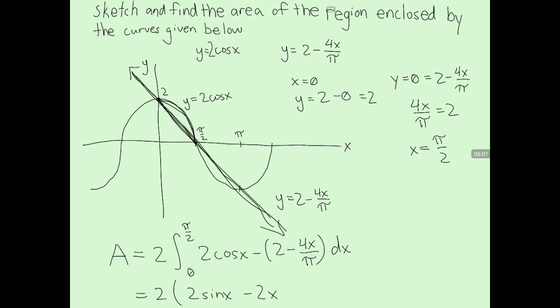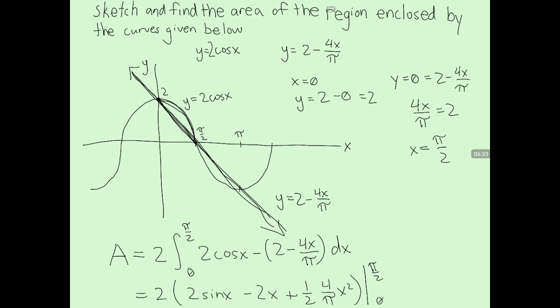That's negative 2x. And the antiderivative of plus 4x over pi is plus 1/2 of 4 over pi times x squared. If you take the derivative of this, you're going to get the thing inside the integral. Now we're going to evaluate this from 0 to pi over 2.